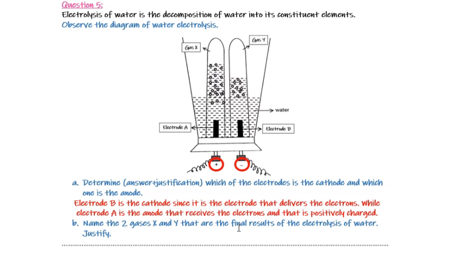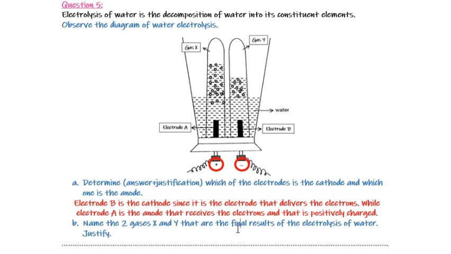We can look at the volume of the gas produced, since the volume of the hydrogen produced is double the volume of the oxygen produced. Or we can look at the side, which side is the gas, since hydrogen forms at the cathode and oxygen forms at the anode.